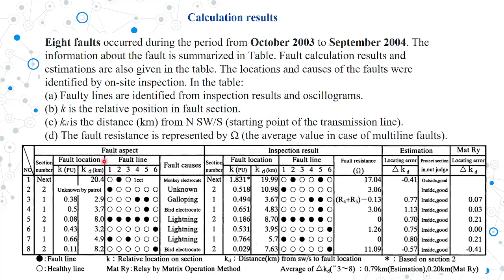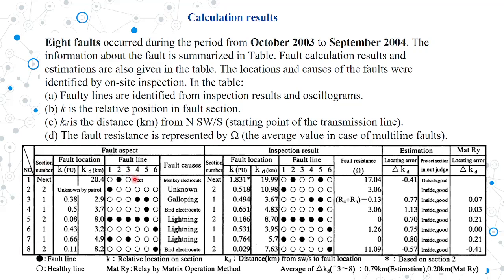Now K denotes the relative position of the fault, and KD is the distance. This denotes the distance in kilometers and K denotes it per unit. So first we can say we have 8 faults that occur in the system, and we have 6 terminals.